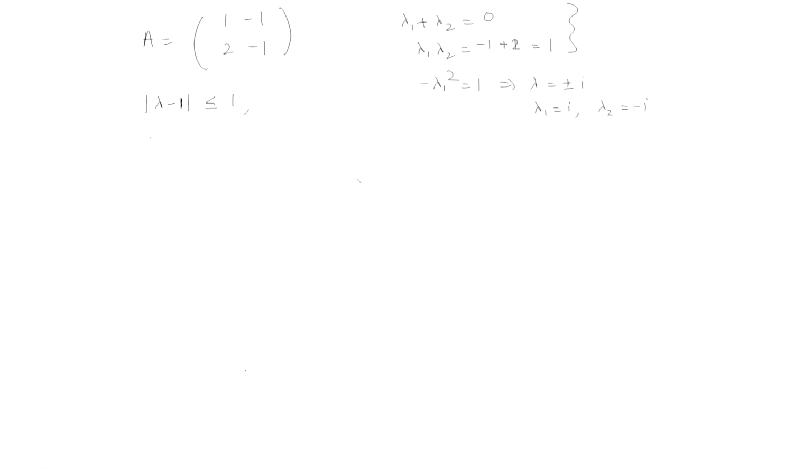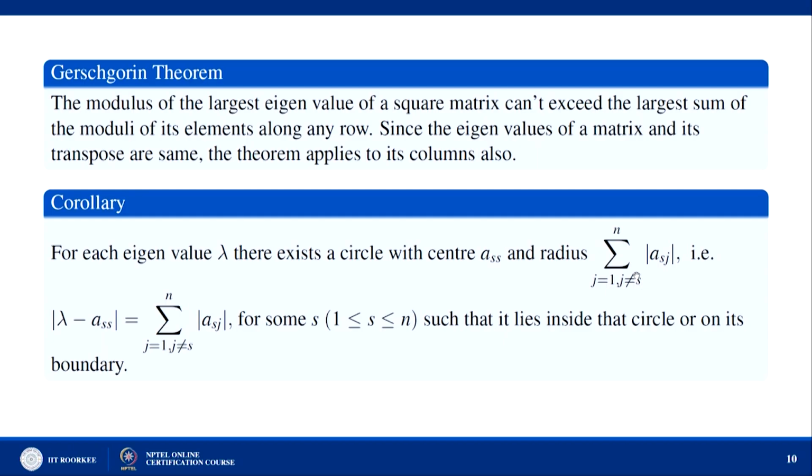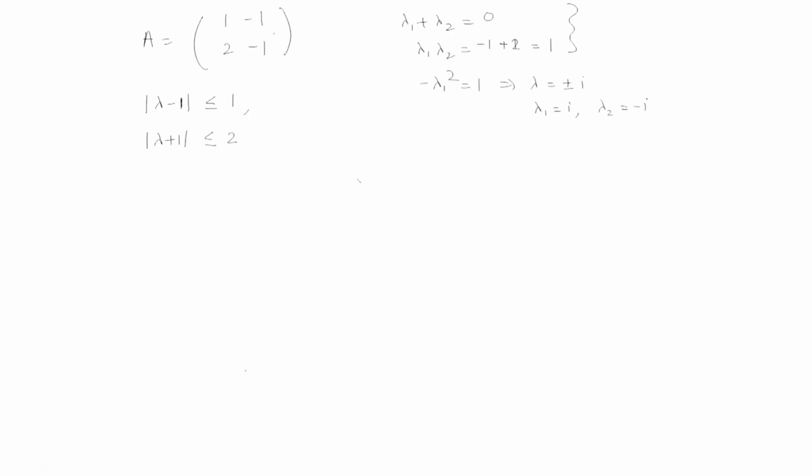Now, lambda plus 1, where the center here is minus 1, is less than or equal to 2, excluding this entry, because we are excluding j equal to s here.